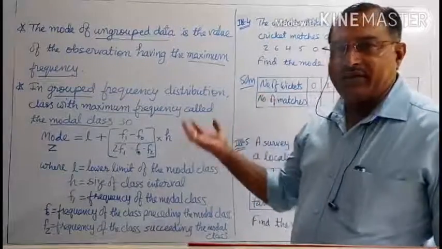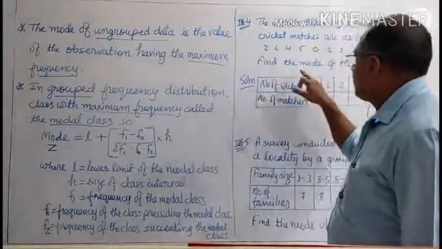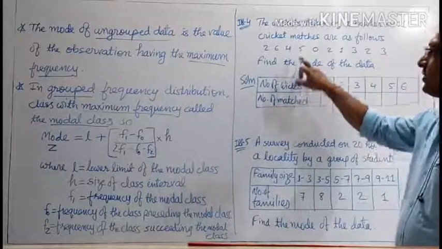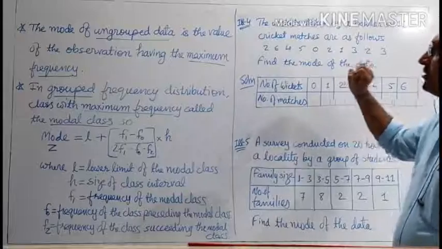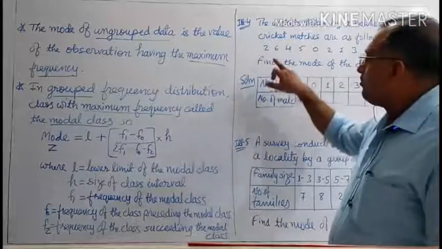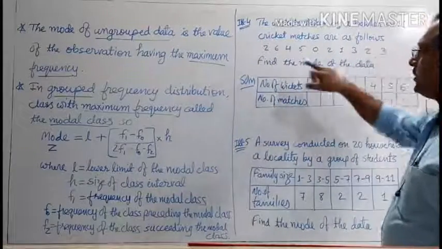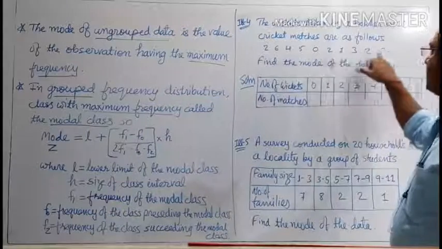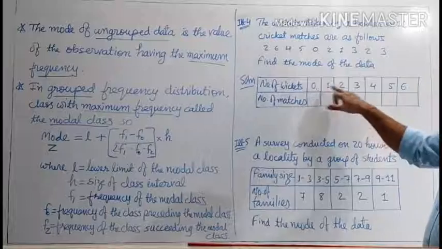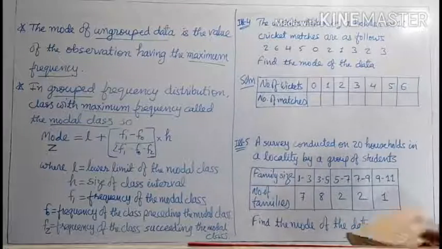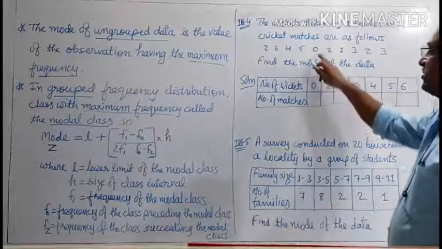But by writing frequency, we will prepare the table to find the mode of the wickets. How many wickets are taken? Minimum 0 and maximum 6, so the number of wickets 0 to 6 we have to write. Now let us see: 0 wickets, how many times?